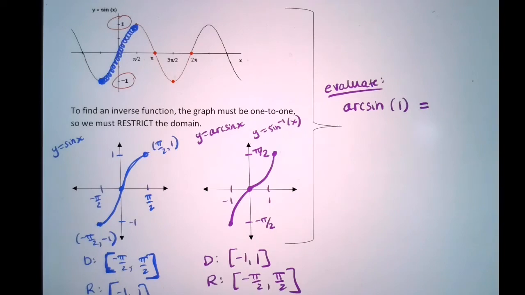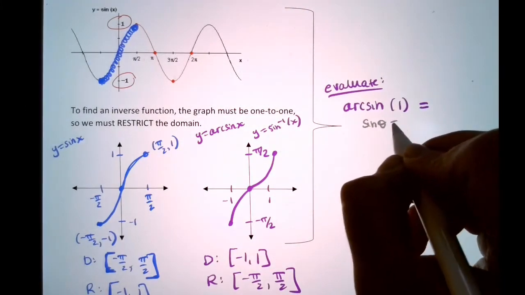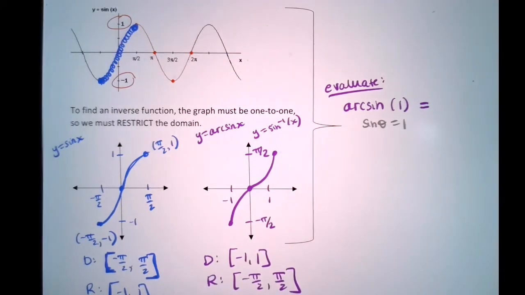So what that means, I'm going to do the same thing I did before. It means the sine of some angle is 1. Your answer to an inverse trig is an angle. And it's an angle between negative pi over 2 and pi over 2 in this case. We're not doing 0 to pi like arc cosine. It's a different window of angles that you're choosing between.